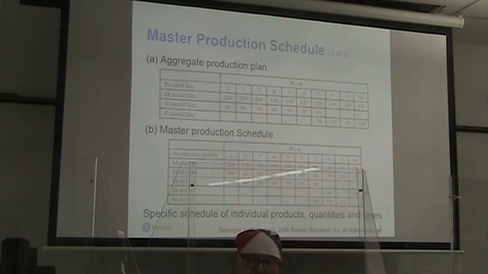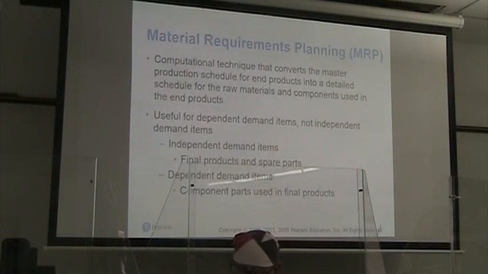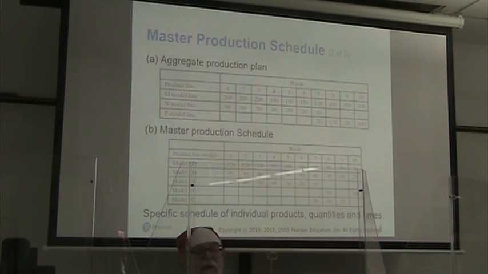Then we have the model N8. Apparently that's the only one in the N model line. And then we have the models P1 and P2, and that's broken down over here. Not doing mixed model production. Very poor planning.